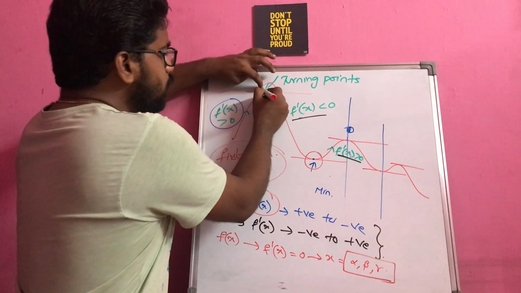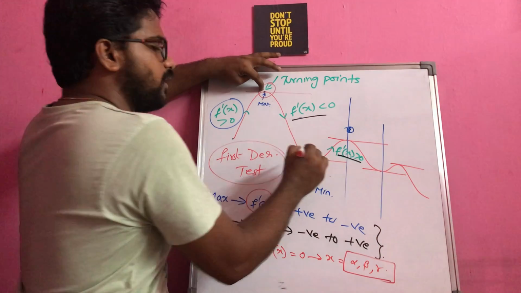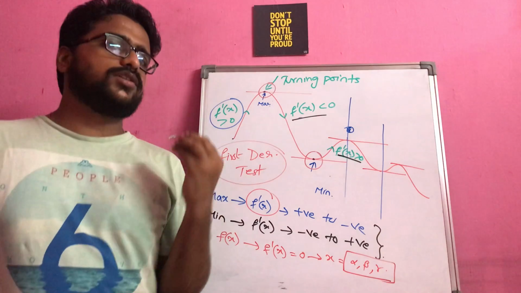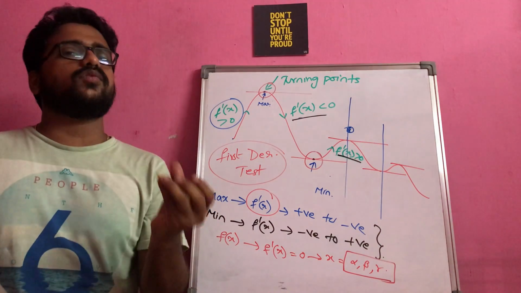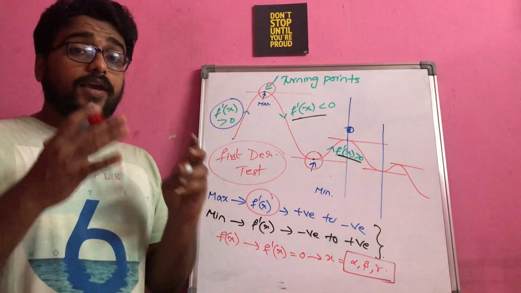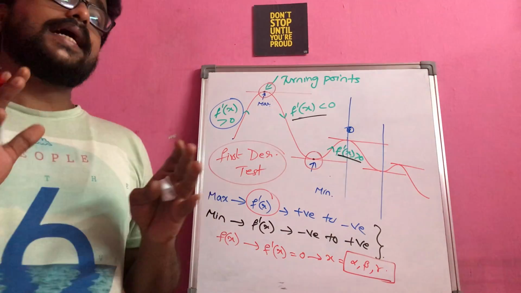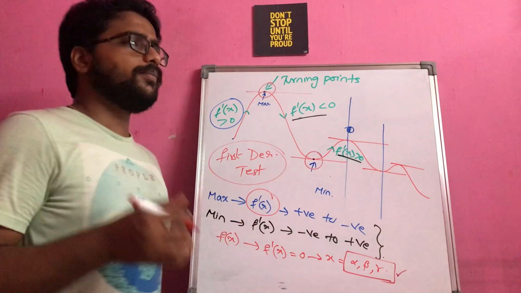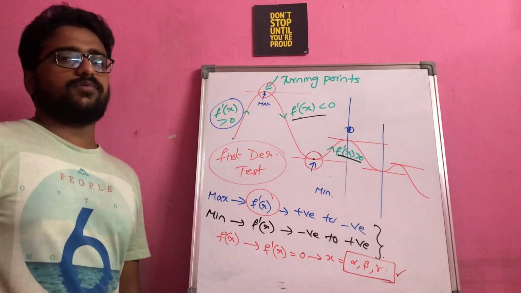When I equate f dash of x to 0, I will get the corresponding values of x for which there exists some value of f of x where you are getting maximum or minimum. So among these 3, there may be one minimum and one maximum value.